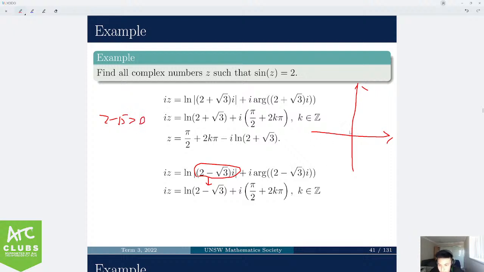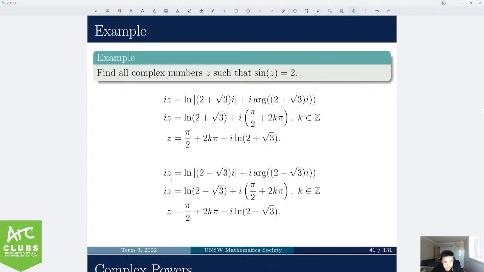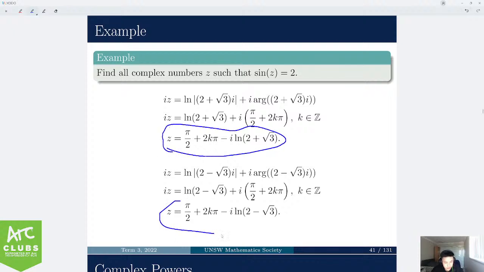So 2 minus root 3i is going to lie somewhere over here, and again, the argument of that is going to be pi on 2 plus 2k pi. So rearrange for z, we have the second set of solutions. So these are the first set, these are the second set, and we know that k must be an integer.